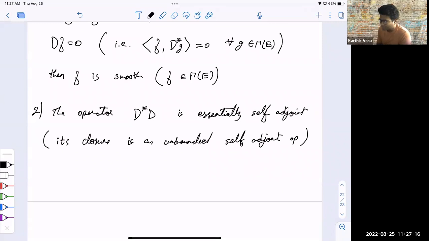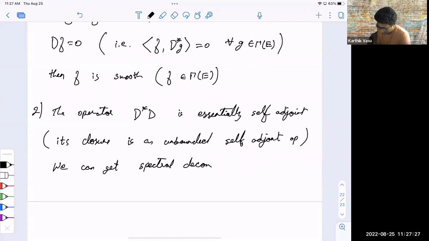So we can get spectral decomposition and do functional calculus.